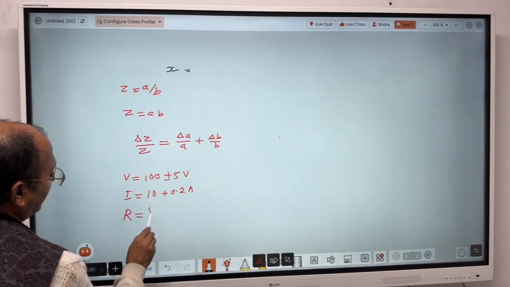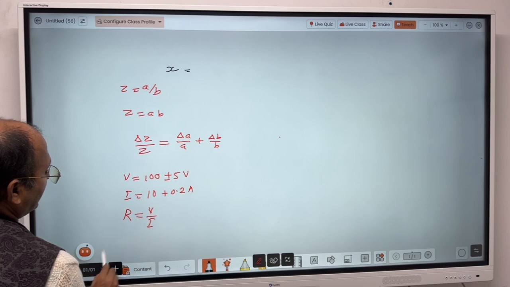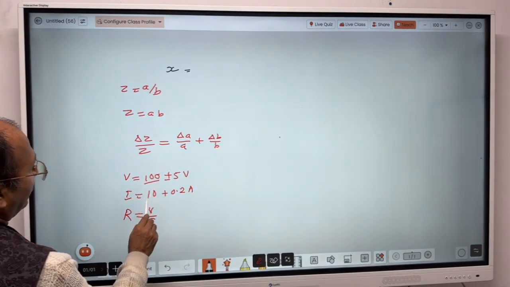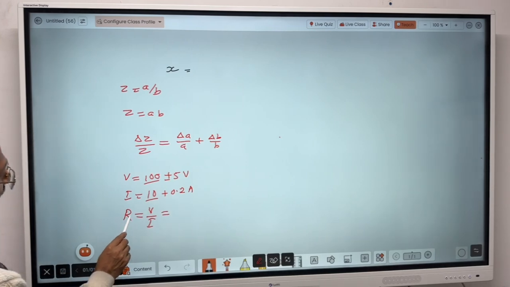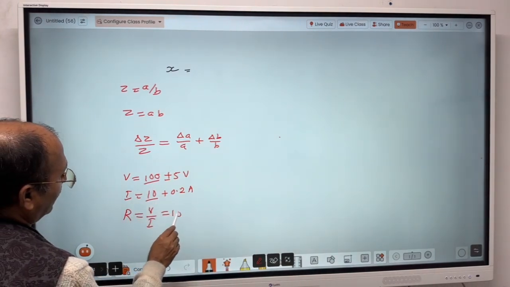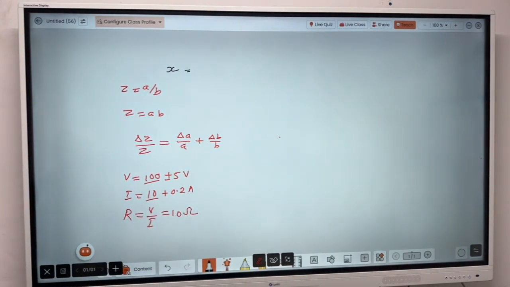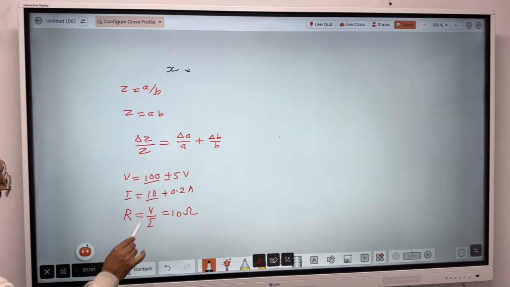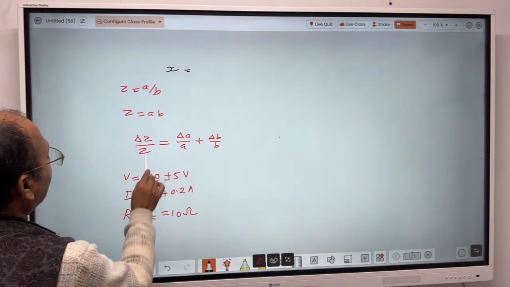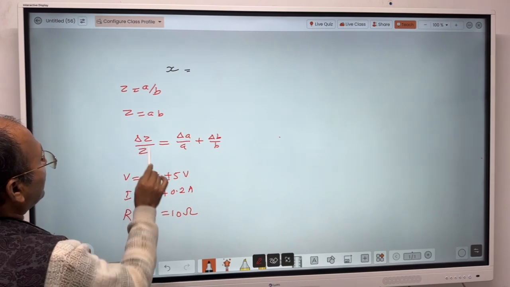If you remember Ohm's law, V upon I. So first of all, we will take these values. So we can get here 10 ohm, but our concern is to get the relative error. This is value of Z, right? Because this is division. As I told you, Z equal to either A upon B or A into B. So here we have got Z. So in place of Z we can write R.